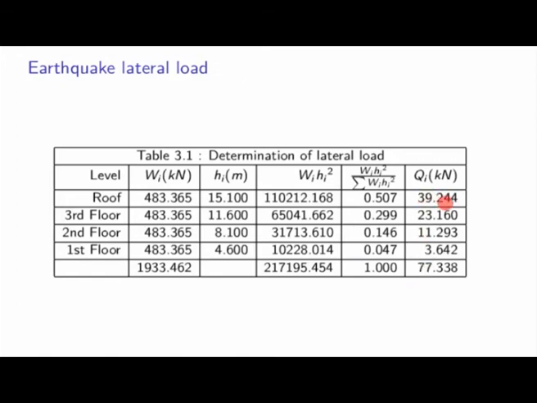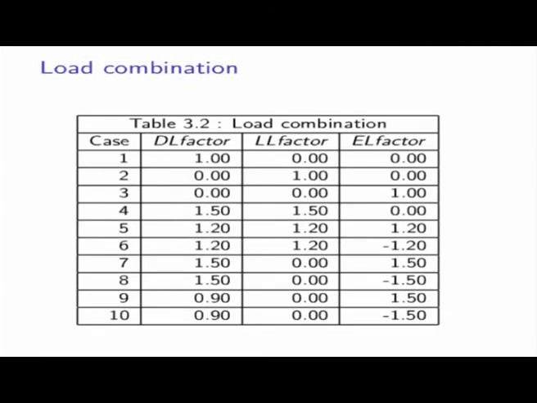This is the lateral force that we have to apply. So we are getting here the earthquake load that we can find out, and that we have to apply. Now we require load combinations.